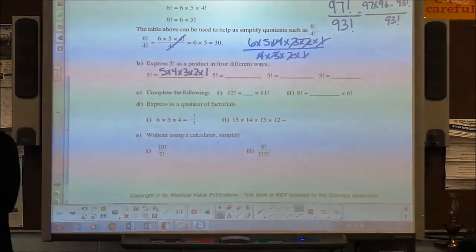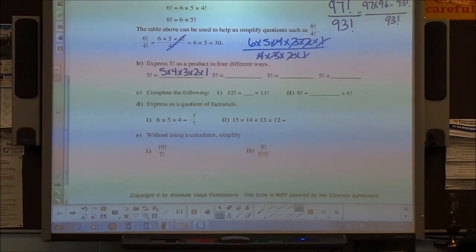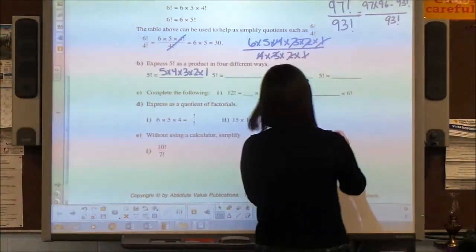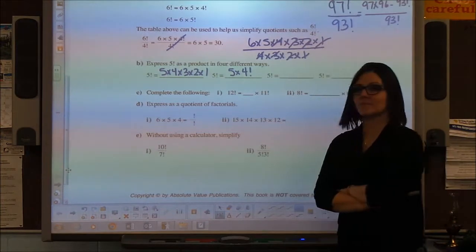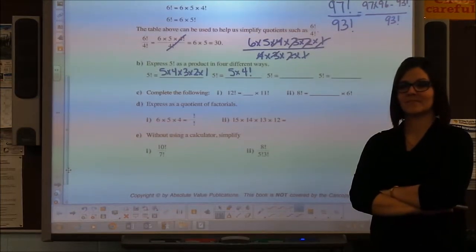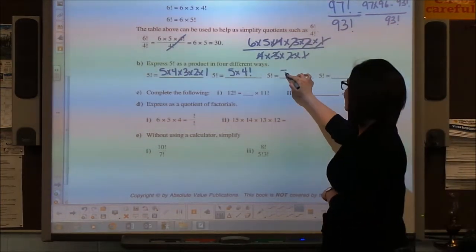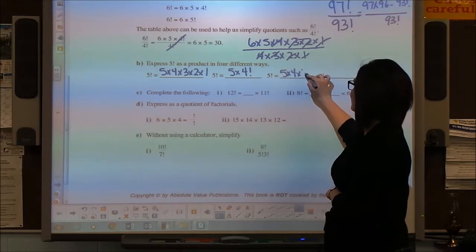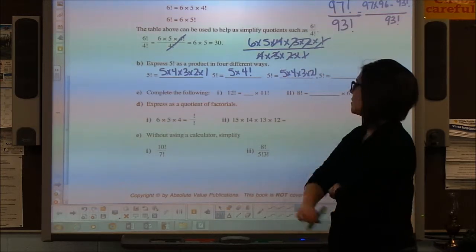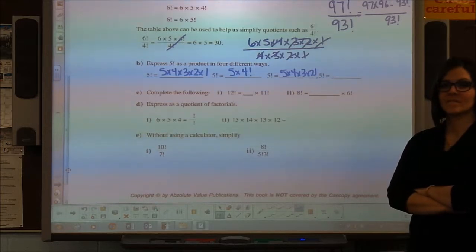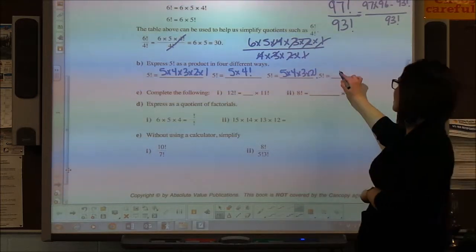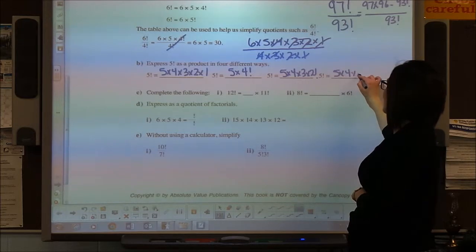Okay, give me another way. 5 times 4 factorial. Yep. That one. 5 times 4 times 3 times 2 factorial. Okay. 5 times 4 times 3 factorial.